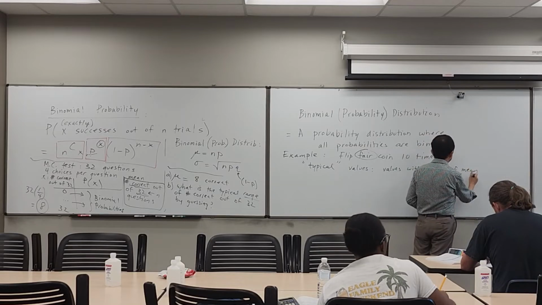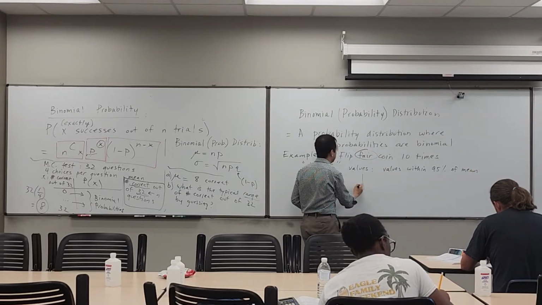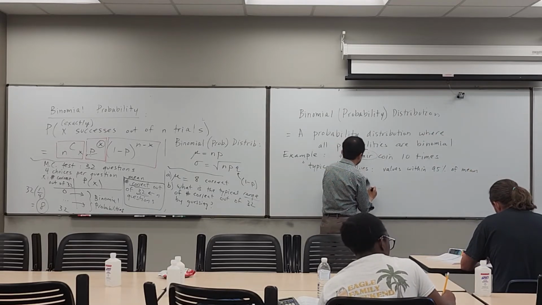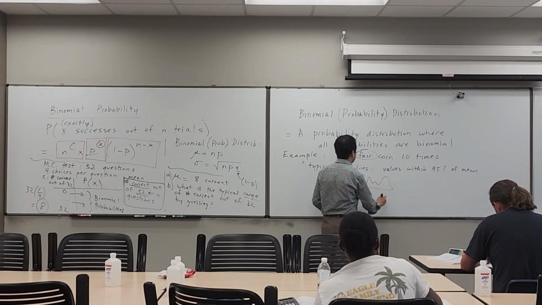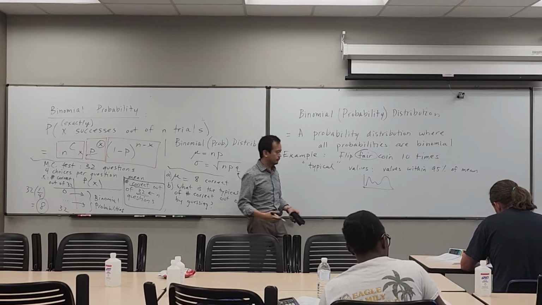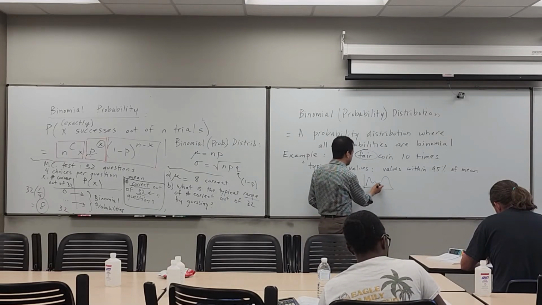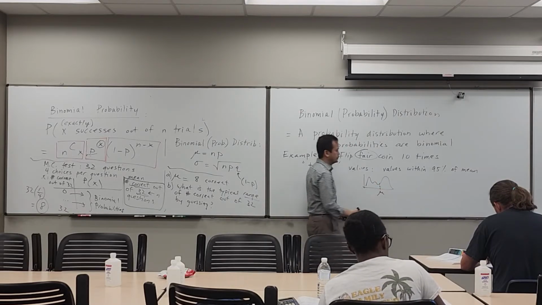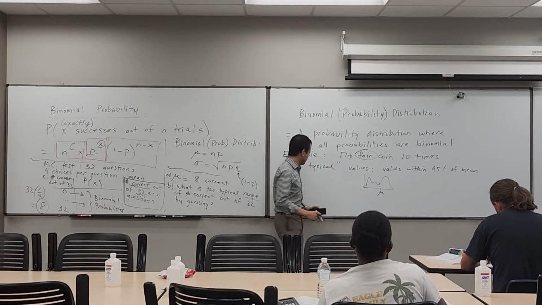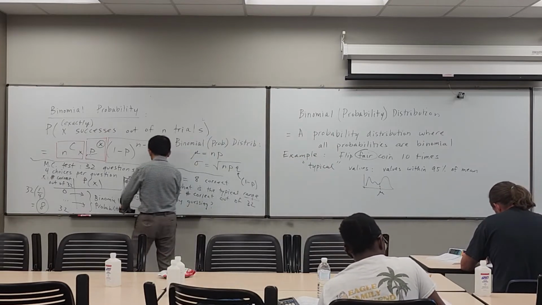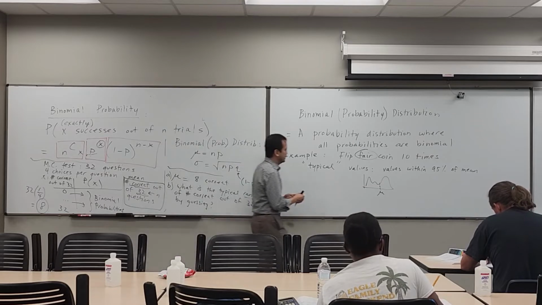So anytime you have any distribution, regardless of the shape, let's say that distribution has this funky shape. So let's say the mean happens to be here. So all values within 95% around that mean are considered typical.